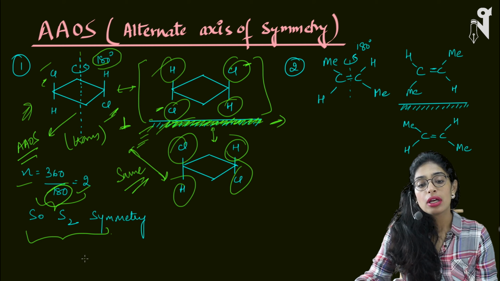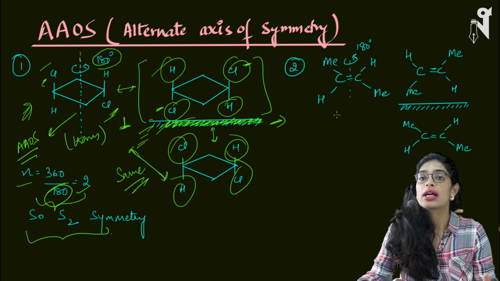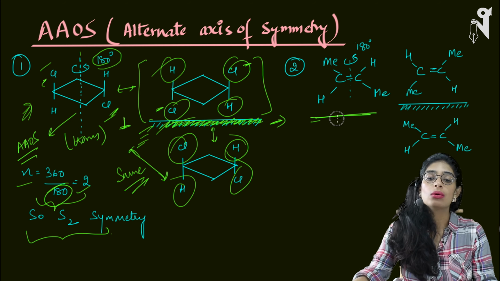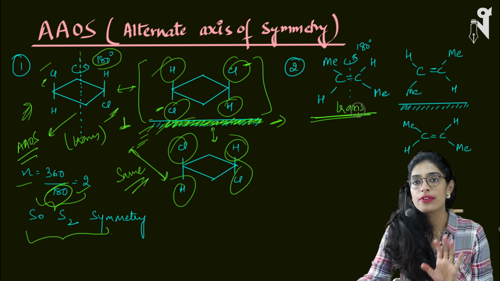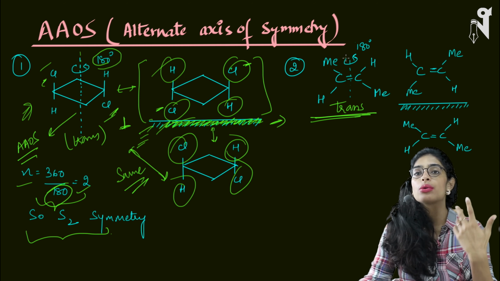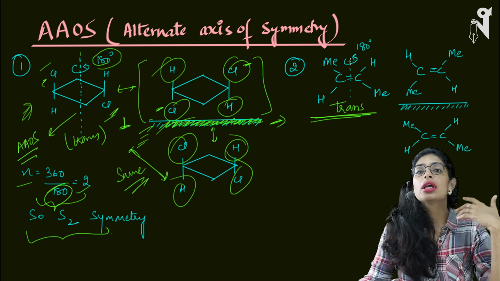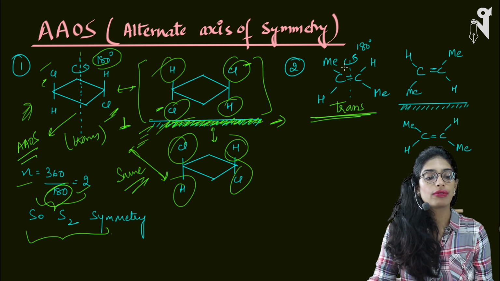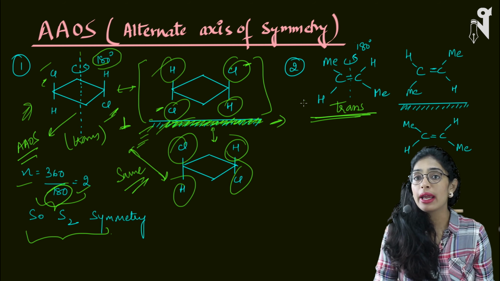Understand it again with another example. I have taken a trans alkene over here. Now let's suppose 180 degrees is not a fixed angle. I am just saying that I am rotating the molecule by 180 degrees. Rotation you can do by 90 degrees, 180 degrees, and in multiples of 360 by n.